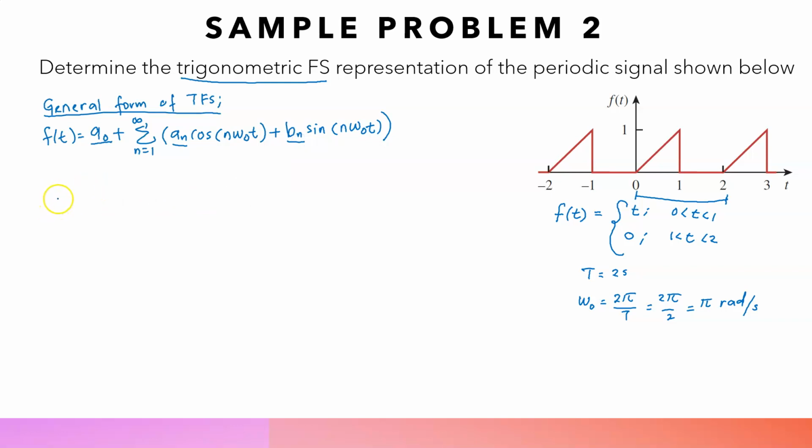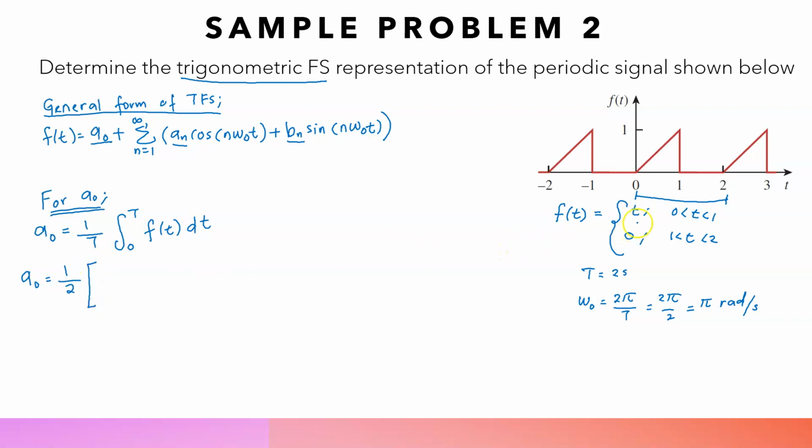So for a naught, we calculate using this formula: a naught equals 1 over T integration over 1 period of f of t dt. If I substitute, 1 over T is 1 over 2, since the period is 2 seconds.